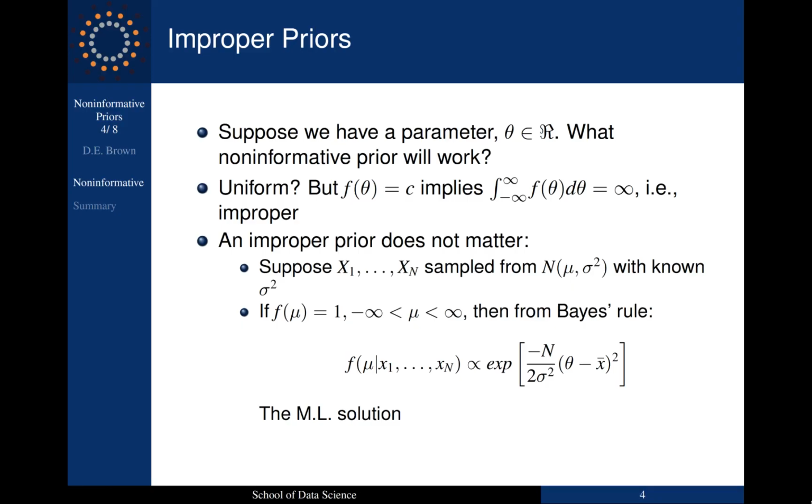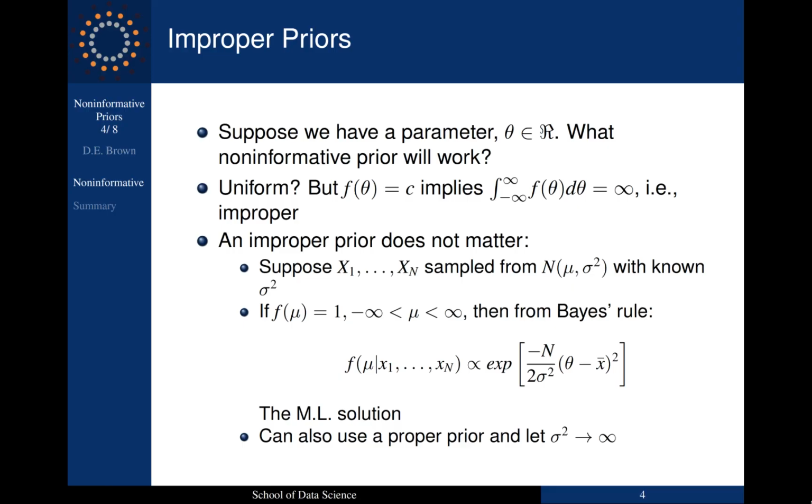So all we're doing is returning the likelihood function in this case, and the estimate is the maximum likelihood solution. So in this sense, frequentist statistics are a subset of Bayesian statistics. They occur when we, in fact, know nothing about the prior information, and we have an improper prior that we're using to represent that.